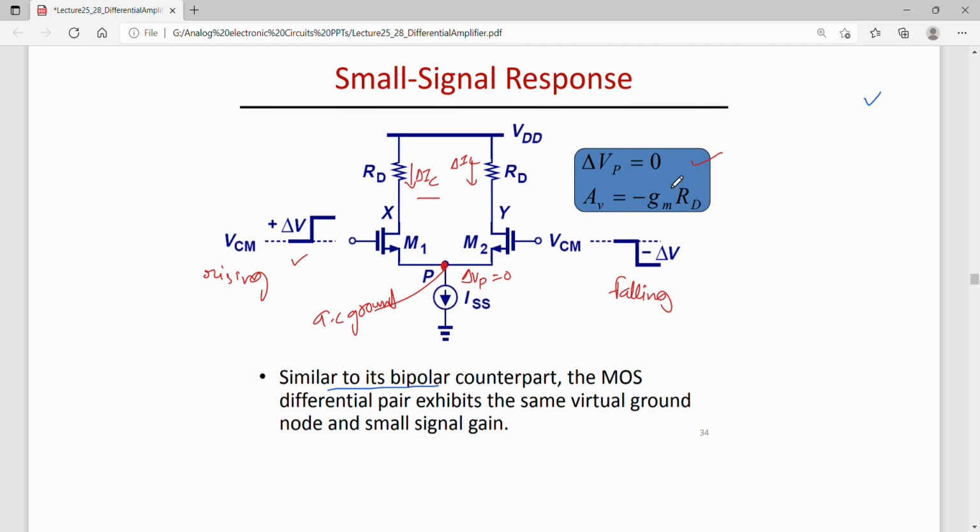Now we had seen that one can find out the gain of this amplifier by considering a half circuit. We had found in the bipolar junction transistor based differential stage that the gain was minus GM RC. So here the gain is minus GM times RD.